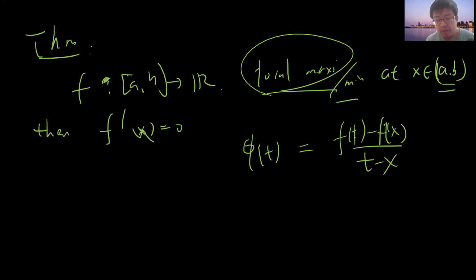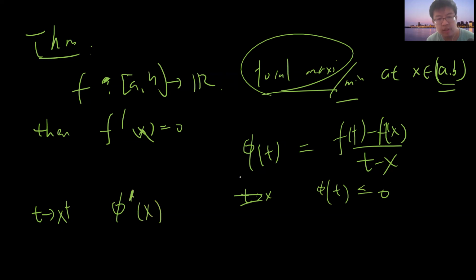By definition, if it's a local maximum, then if t is greater than x, phi of t is less than or equal to 0, right? So if you approach t from the right, t minus x is greater than 0, but the numerator is less than or equal to 0, so you get this.